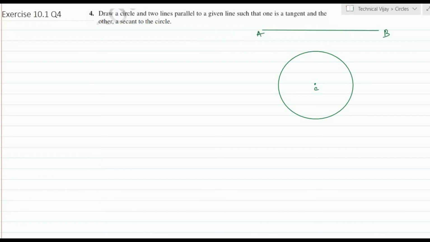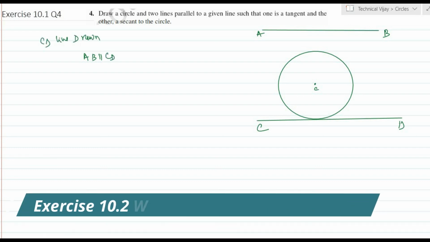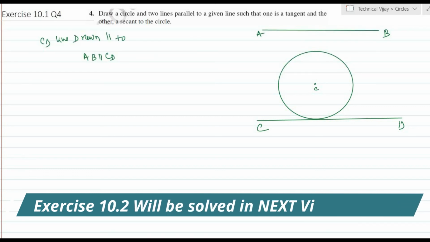So one line I will draw here, which is tangent to the circle. This is CD, and AB is parallel to CD. So CD line is drawn parallel to the given line AB.